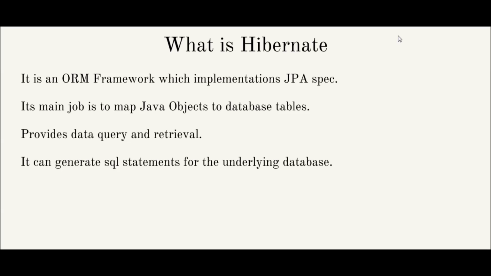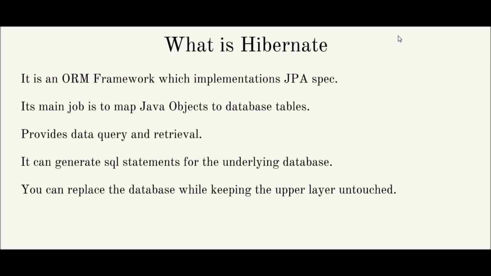In the background, Hibernate generates SQL statements which are compatible with the database to which it is connecting. That means if you are connecting to Oracle or you are connecting to MySQL, if there are any syntactical differences in the queries in certain situations for those two databases, Hibernate will take care of translating it to suit the database.